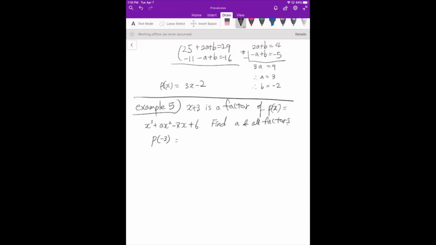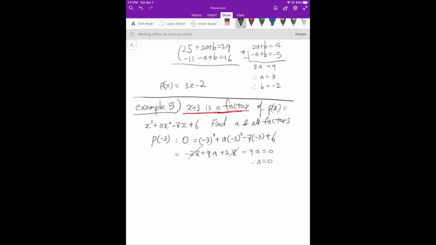Then it's basically 0, because we talked about it: for a factor, negative 3 gives you 0. So it's a very nice clue that we can work with. Negative 3 cubed plus a times negative 3 squared minus 7 times negative 3 plus 6 equals 0. So instead of x, I plug in negative 3. And then what do I have? Negative 27 plus 9a plus 27, because 21 plus 6 is 27, which is 9a equals 0. So a is 0. You figured out a.